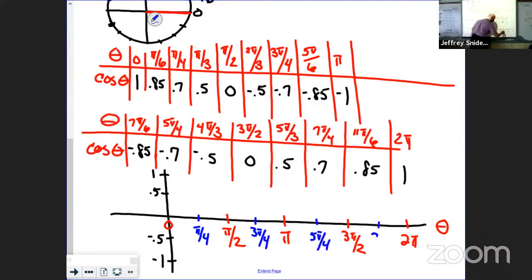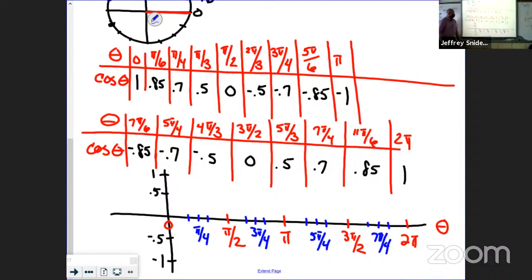Right about here would be 7 pi over 4, right? Those are those values. All we're doing is putting on the x-axis the angles from the unit circle, our familiar angles. I'm not going to put all of these marks. I just know there's one about right here, and there's one about right here as well. I'm not going to fill them in, I'm just going to put little marks for those.